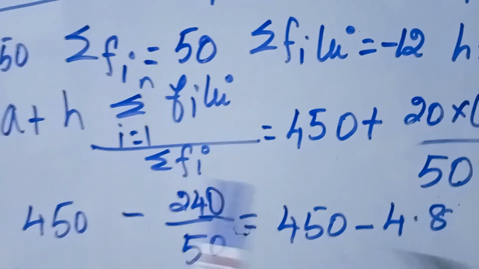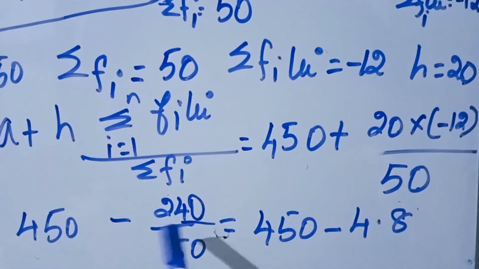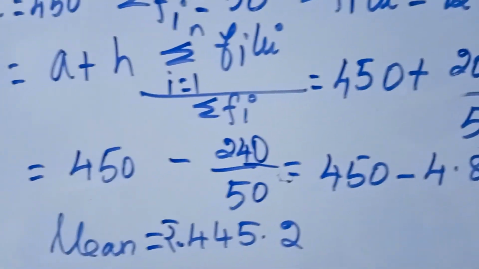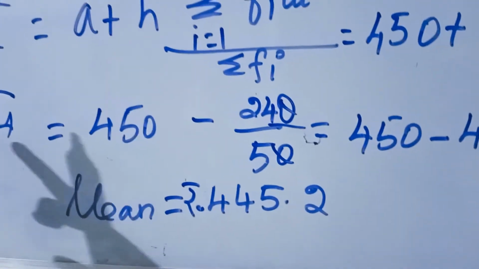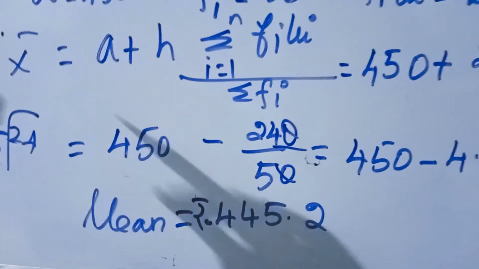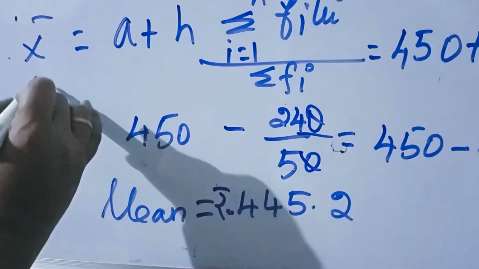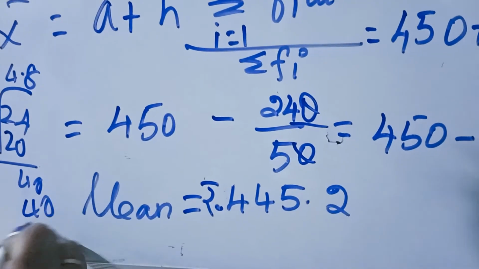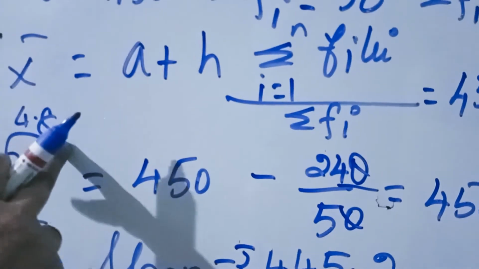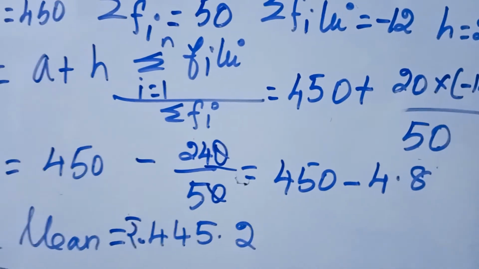So 450 plus, into minus, minus 12 into 20, 240, divided by 50. Now the 0s get cancelled. Now we can divide 24 by 5. 4 5s are 20, remaining 4 and you can add 0, so 8 5s are 40. So the quotient is 4.8. Then 450 minus 4.8, we have to subtract.